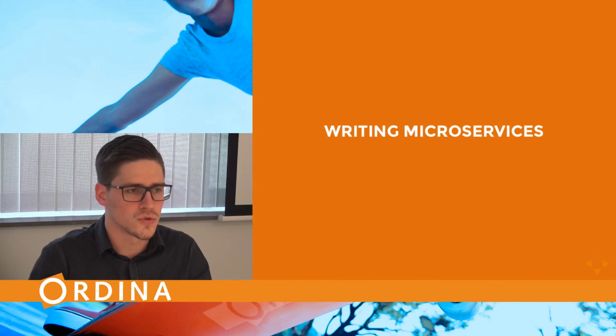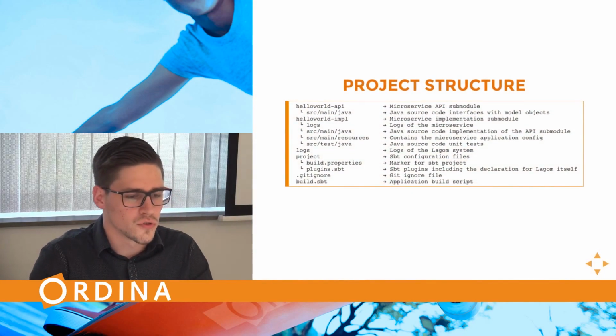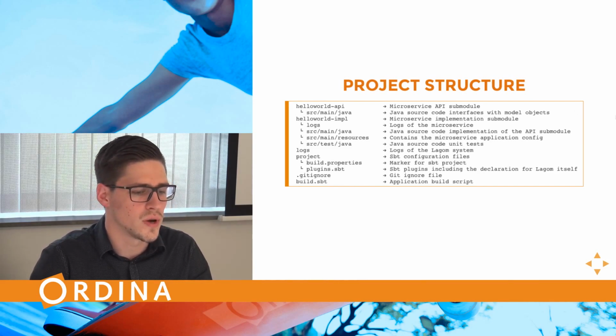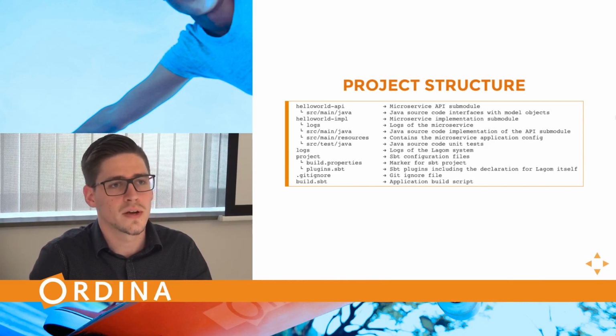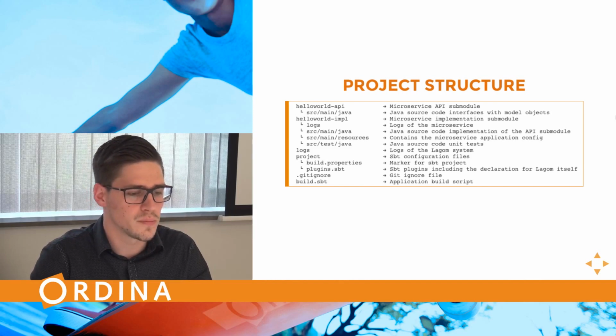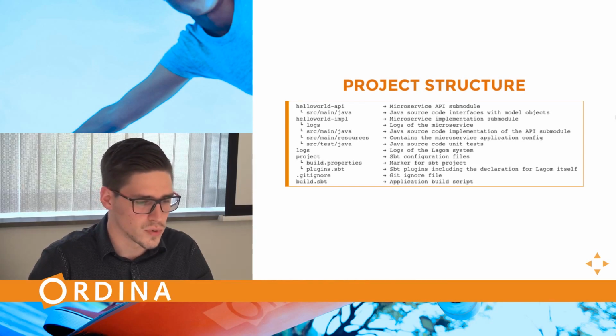About writing microservices then. So within your Lagom application, you basically have the following structure. For each microservice that you have, an API and an implementation project. In the API project, you define the interface of your microservice, and in the implementation project, you implement the microservice that you specified in the interface project.